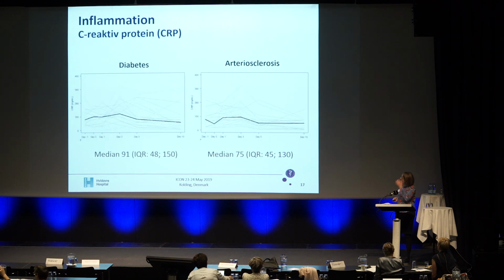Then we also measured the CRP, which you probably all know, and it's an indication of acute infection. And what we can see here: we have the day before, and this is the amputation day, and then the day after until 10 days. You can see there's a little peak here for the infections.